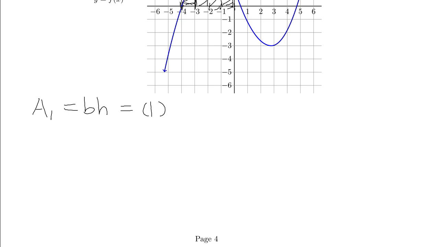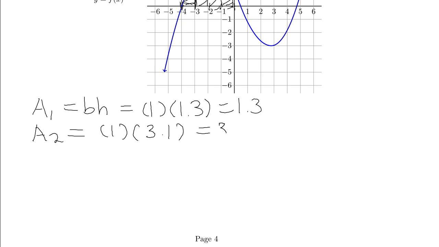The heights are what are a little bit different here, and I just eyeballed them. So I thought roughly the first midpoint's height was at 1.3, so that gave us an area of 1.3. For the second rectangle, I said the base length obviously was 1, and I roughly approximated the height to be 3.1. For the third rectangle, I roughly approximated our third height to be 4.